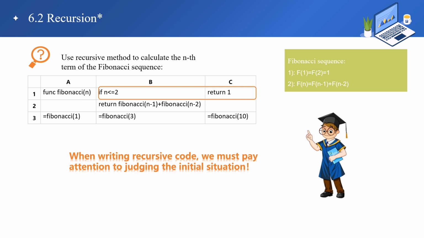Careful readers can also analyze that it is not cost-effective to use recursive method to calculate factorial and Fibonacci sequence. The computation amount and memory of these 2 recursive codes are much larger than the previous loop method. Recursion is used here only as a teaching example because the logic is relatively simple and it is easy to understand the principle of recursion.